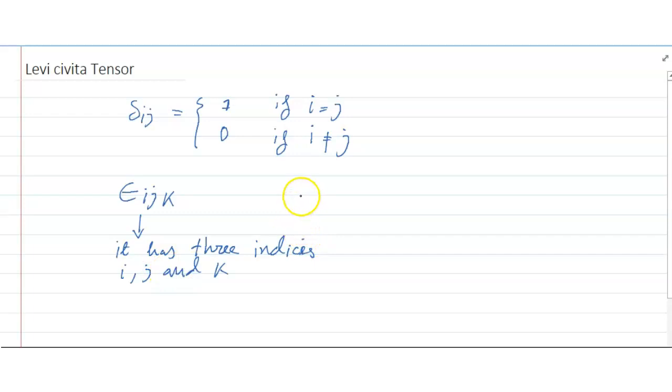So friends, epsilon ijk has the value 1 if ijk equals 1 comma 2 comma 3, and 2 comma 3 comma 1, and 3 comma 1 comma 2.